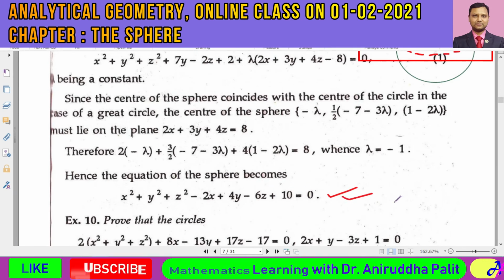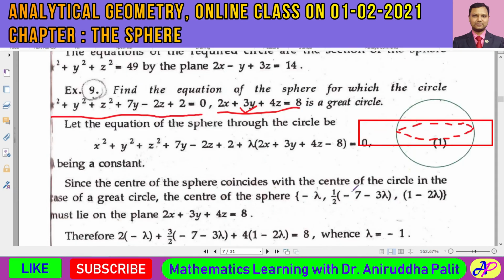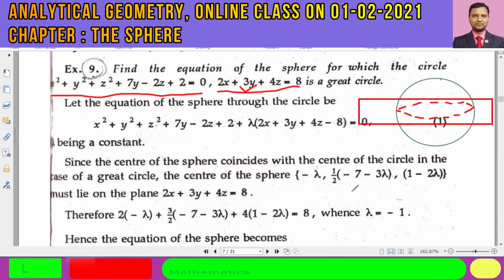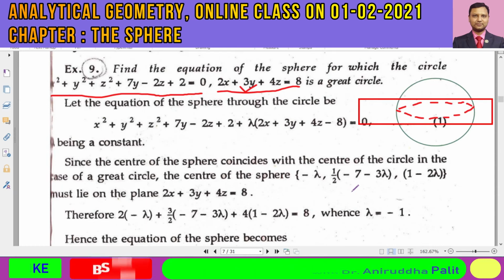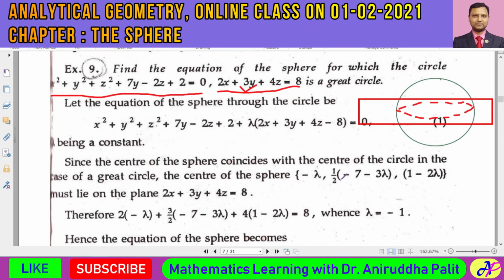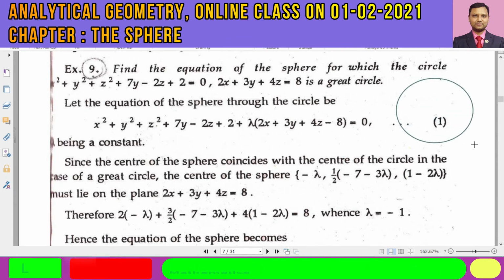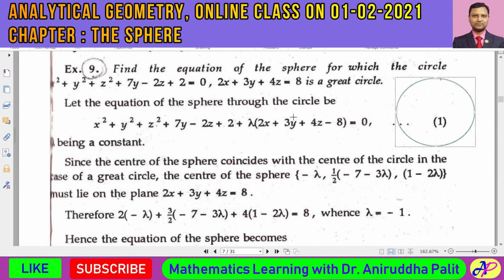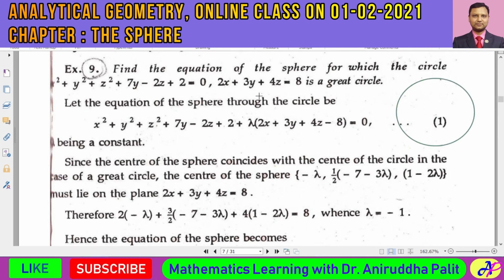So all different kinds of spheres, all these kinds of problems cannot always be shown with the help of computer programs. You have to think of it, and in this way you will have to go through these problems. So we already defined a great circle. Let us try to draw the picture over here. Suppose this is a circle, and we want to find the equation of the great circle.